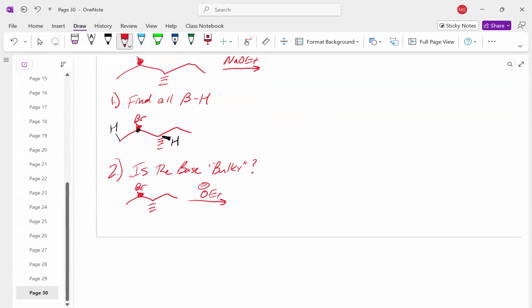Ethoxide, even though it's got a 2-carbon chain, that's still considered somewhat small. So we know that the major product should be a Zaitsev product, a more substituted alkene.